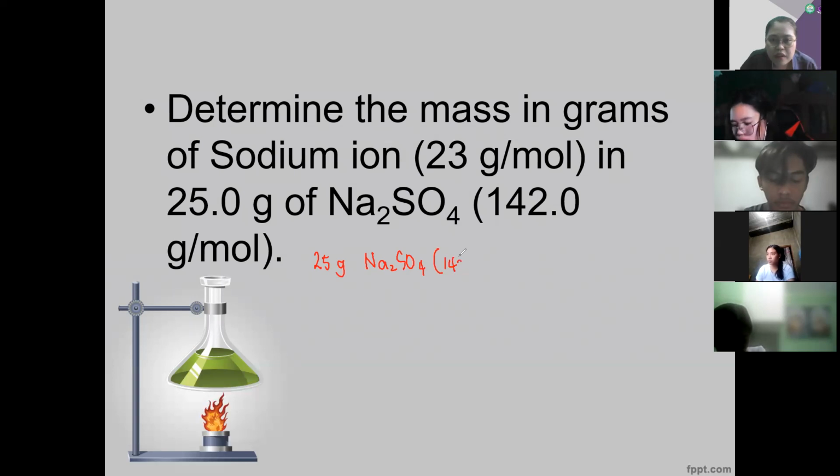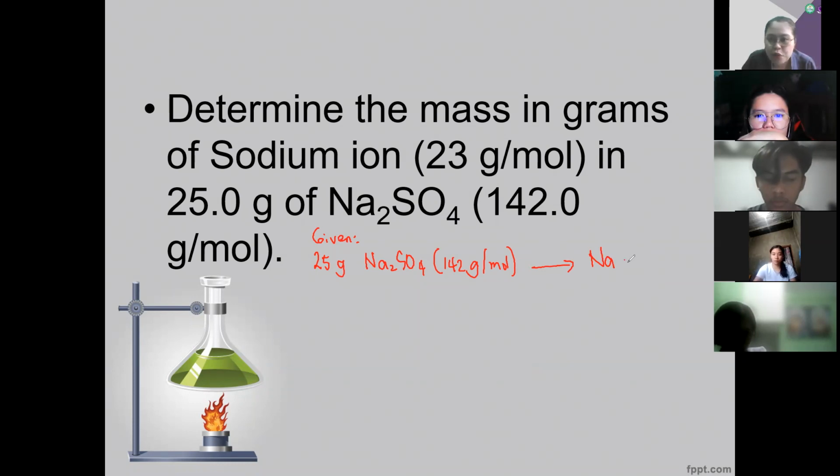Yung kanyang molar mass is 142. Lagay ko na lang here, given, 142 grams per mole. Pero, ano yung hinahanap? Ang hinahanap is just the sodium. Ano yung hinahanap sa sodium? Yung kanyang weight or yung kanyang mass. So paano natin ito gagawin?